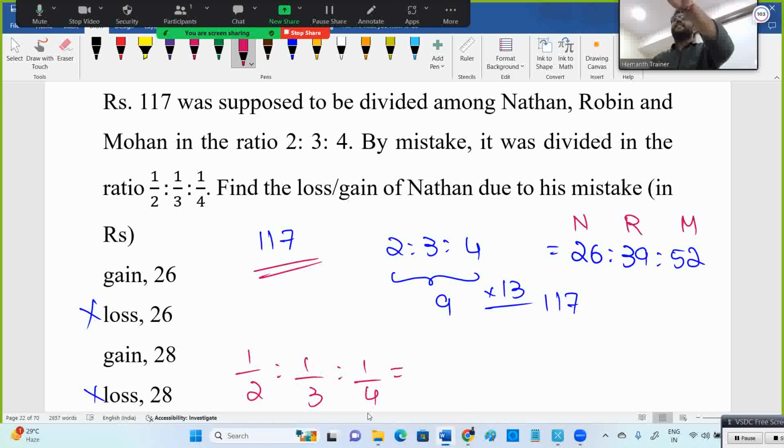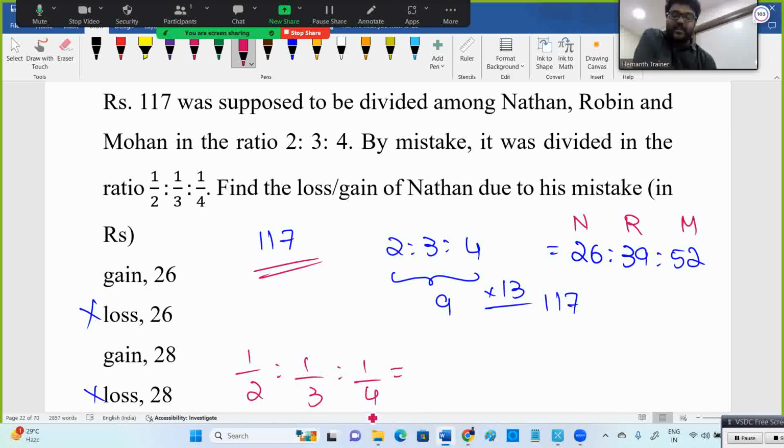Some people do 117 divided by 2, 117 divided by 3, 117 divided by 4. If you do that, adding all, you should get 117, but you are not getting it. Because 1 by 2, 1 by 3, 1 by 4 added is not equal to 1, so you are making a mistake.